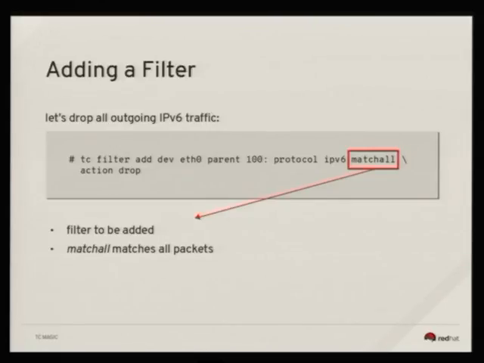Well, matchall filter obviously matches all packets. Wait a moment. I said we're dropping all IPv6 traffic, not all packets. Yeah, of course, the action is specified last, and in this case, it's just a simple drop packet. So we're dropping all packets. Matchall matches everything. So why are we dropping only IPv6?